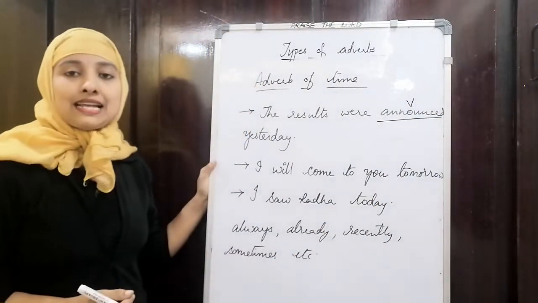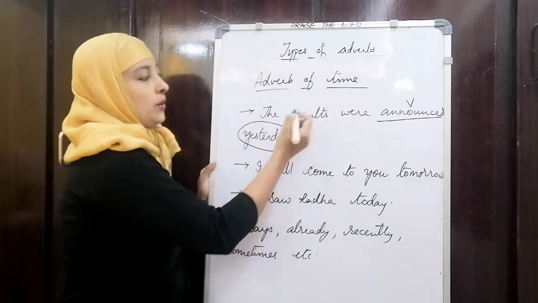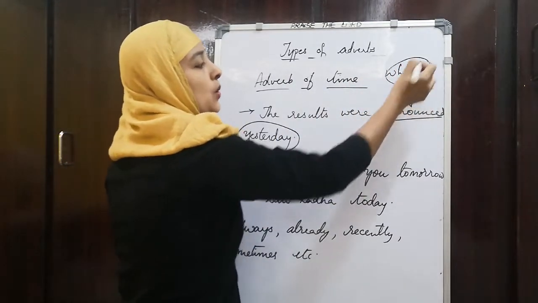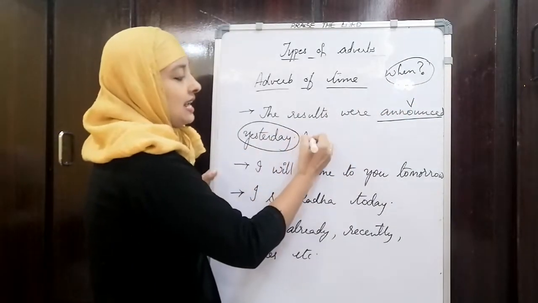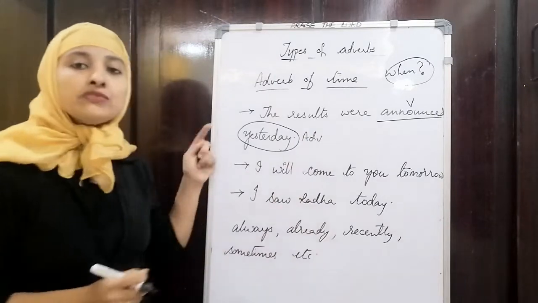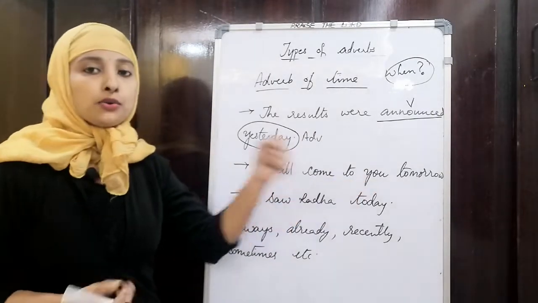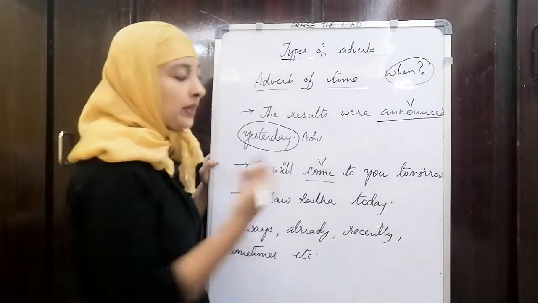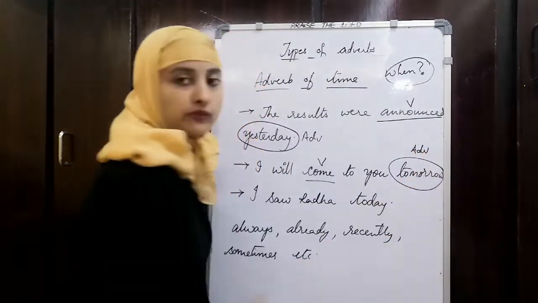When were the results announced? Yesterday. So this is the adverb, which is an adverb of time. It is stating the time. Like, I will come to you tomorrow. Come is the verb. When will you come? Tomorrow. So this is your adverb of time.